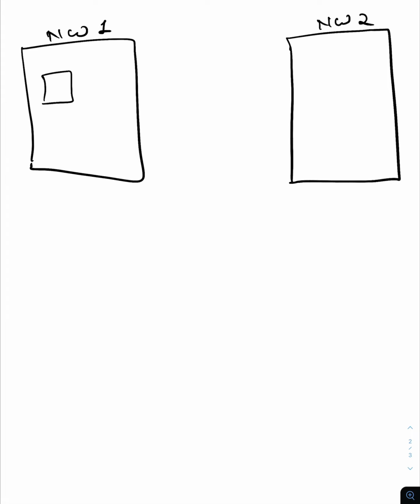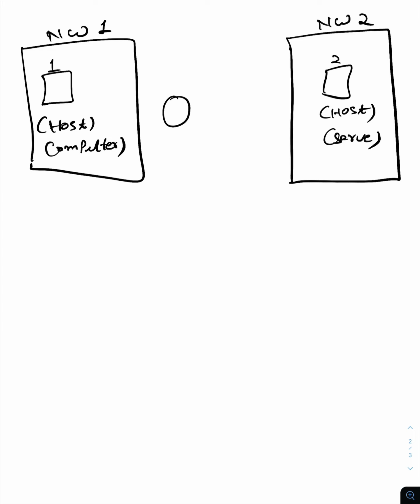The computer you are requesting from in network 1 may be in one country, and the server, or computer 2, or host, let's call it a host or a server, may be in a different country, and you may have many routers in between because these are in two different networks.